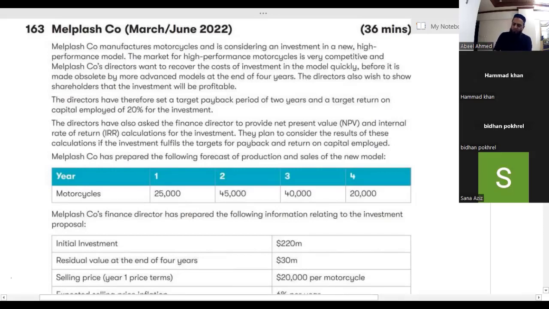First, we need to calculate NPV of this question. Malplash company, okay.